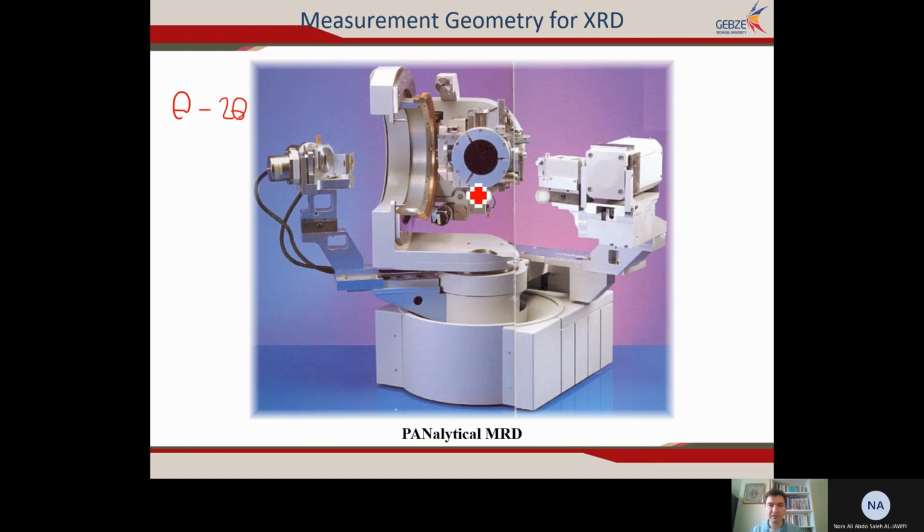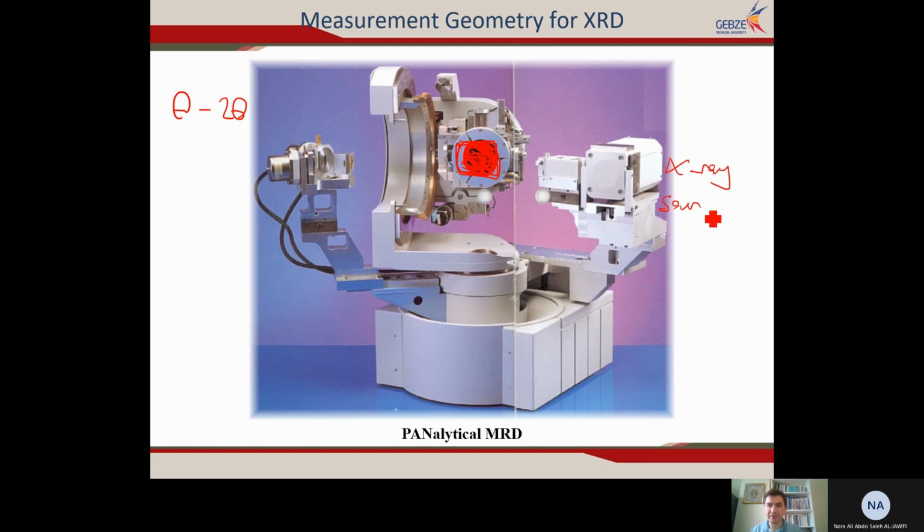Here, what do you see? Let's consider that here you have your sample. It can be square shaped or it can be a wafer with a certain diameter. And then here we have an X-ray source. You produce X-rays here.